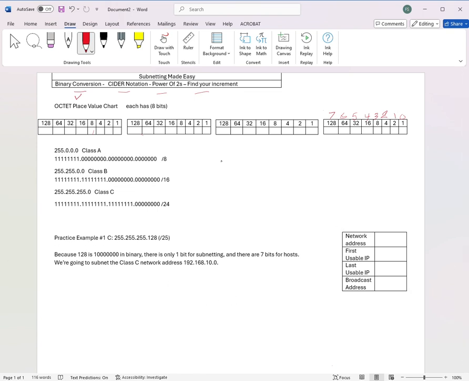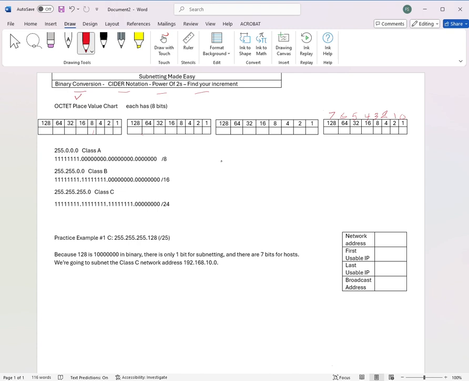Now let's talk about the increment. The increment tells us where each network starts and ends. So the increment just tells us the range between each subnet.